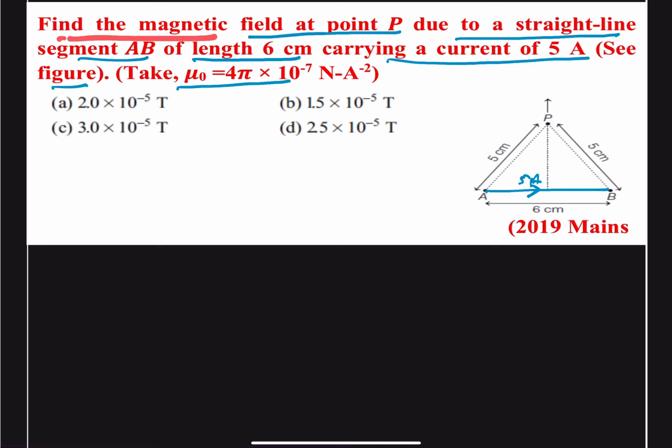Okay. And for a finite wire, the magnetic field at point P will be equal to mu naught I upon 4 pi A, if we say this is the perpendicular distance, and let us call this perpendicular distance A, into sine of phi 1 plus sine of phi 2. So this angle will be our phi 1, and this angle will be our phi 2.